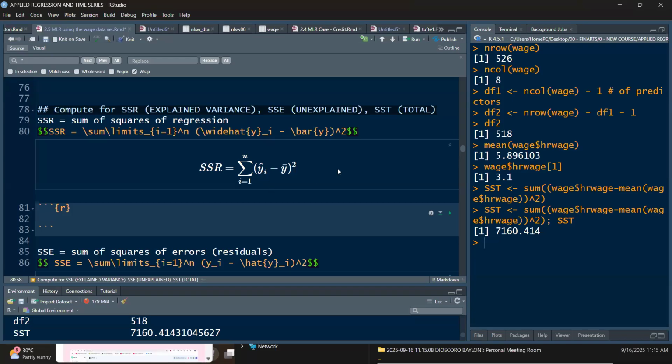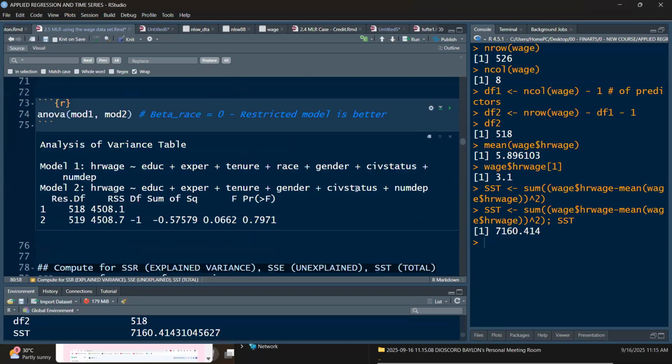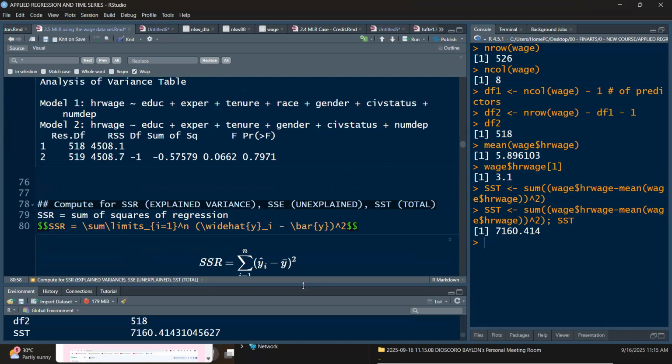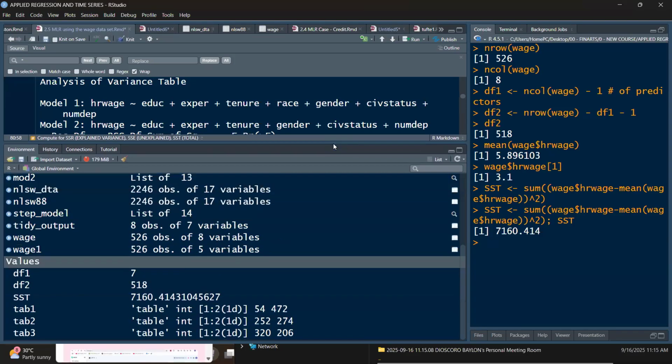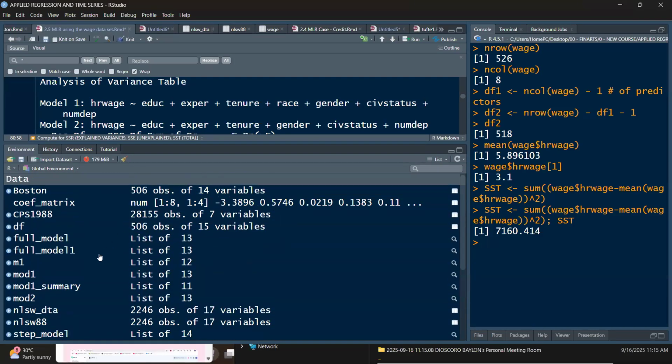Anyway, let's do this, class. You can see we're comparing the predicted value and the average. So where do we get the predicted value? Isn't it we created this model mod 1? Let's take a look at mod 1, class. This is our regression model mod 1.